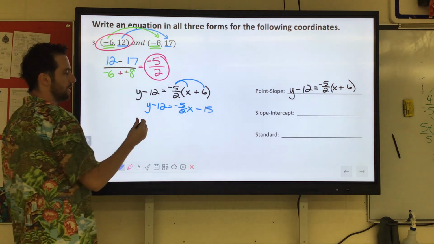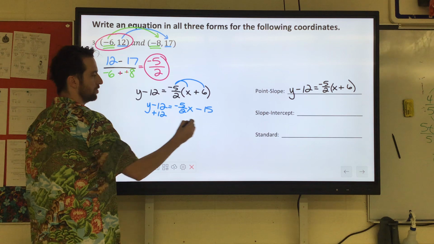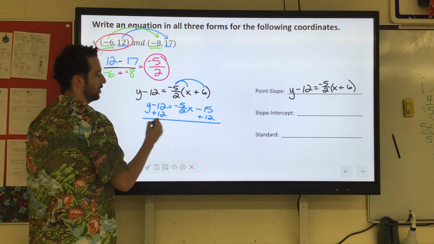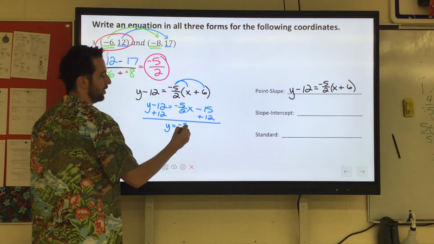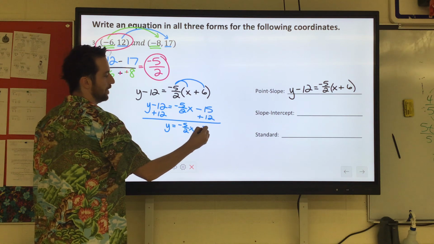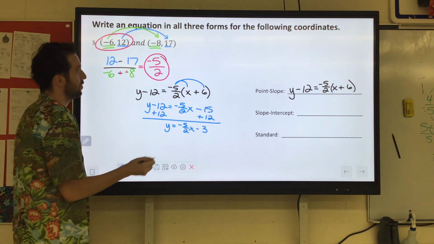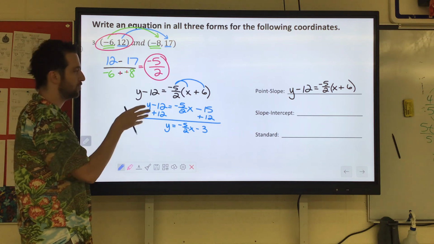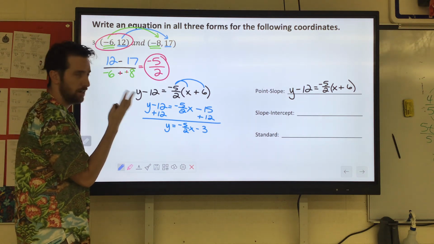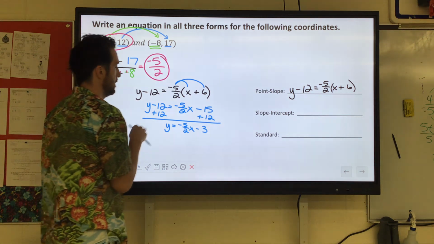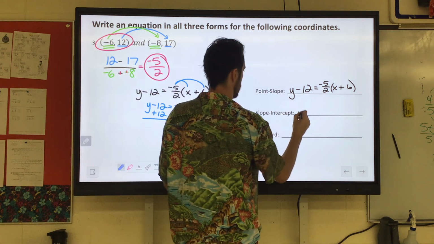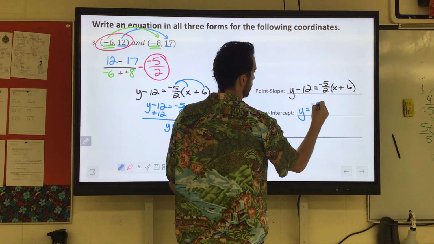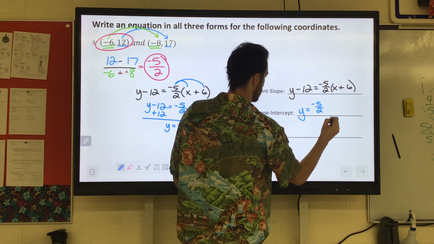We got to get rid of minus 12 by adding 12. y equals negative 5 halves x minus 3. If you chose the other coordinate, the negative 8, 17, it still works out to this after you distribute and add or subtract, whatever you have to do. So slope-intercept form, y equals negative 5 halves x minus 3.